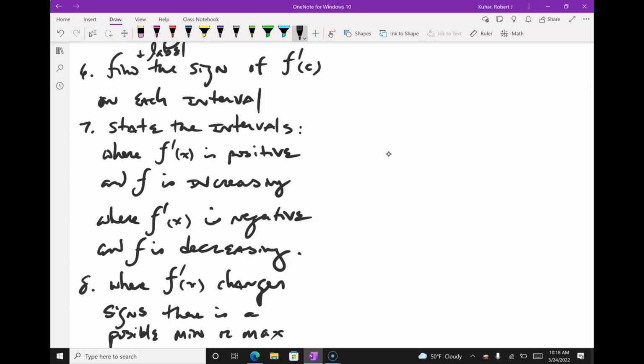And they're local min or maxes. They might not be the absolute min or max. They could be just the top of a hill, or the bottom of a valley, but then there could be another one that's even lower or even higher. Who cares? So we're calling them local min or max.